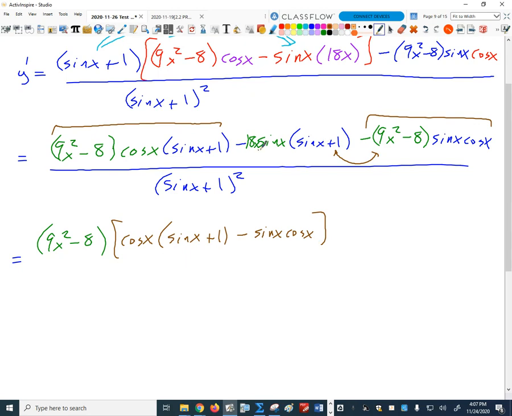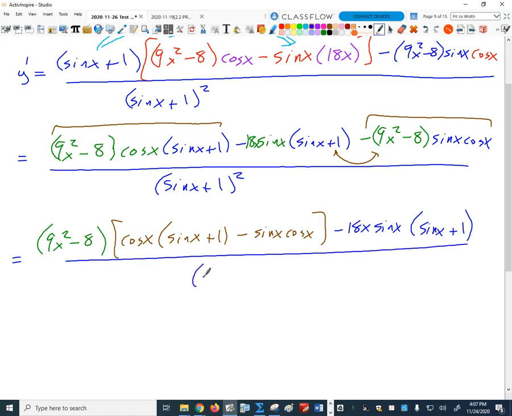And then we've got this other term in the middle here. All divided by sine x plus 1 squared.